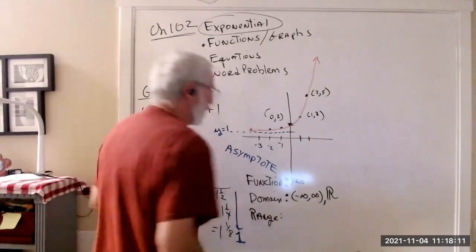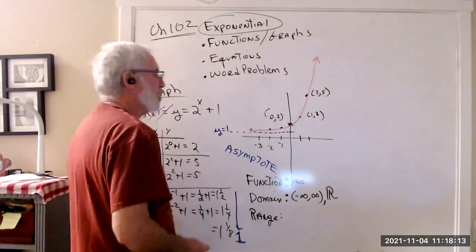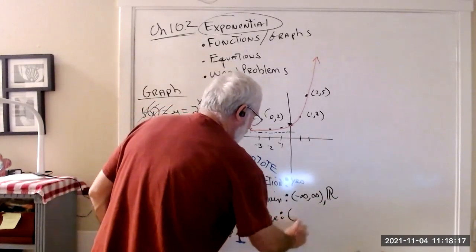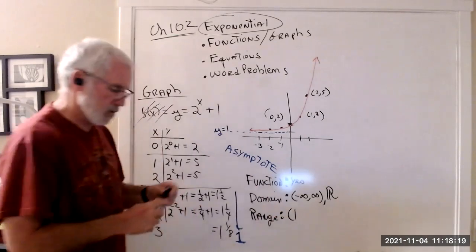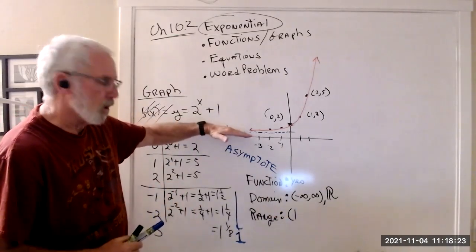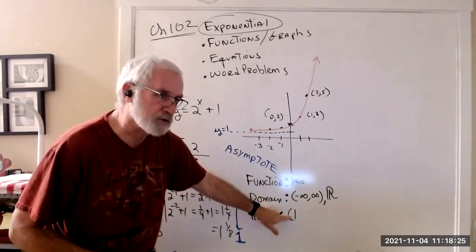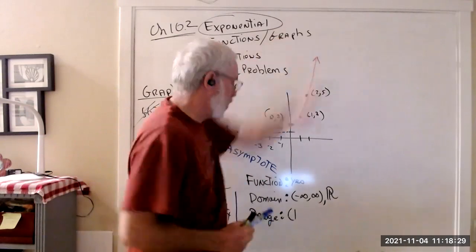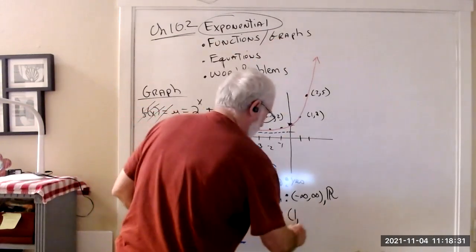The range is the y values. Notice they do not touch 1. They go from 1, almost 1. So we use a parenthesis, almost 1, and then the y values go up to +infinity.